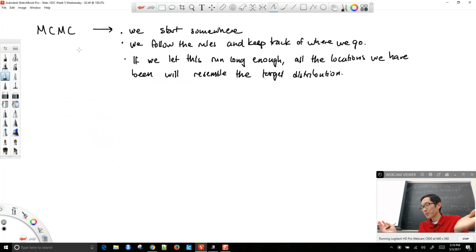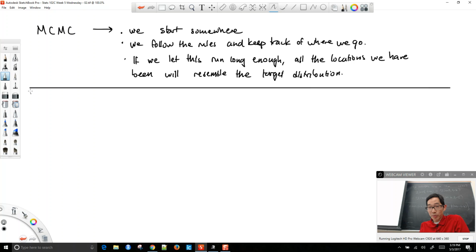Okay, so we're going to start off with something. It's the first Markov chain Monte Carlo algorithm that we learn, and it's called the Metropolis algorithm.